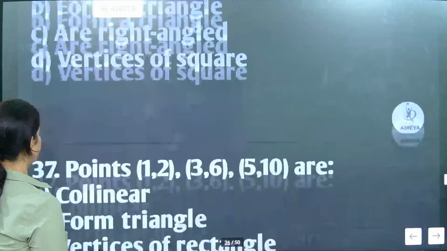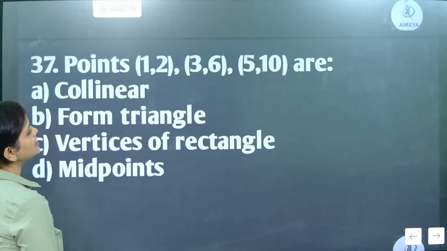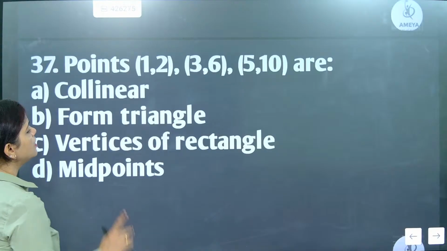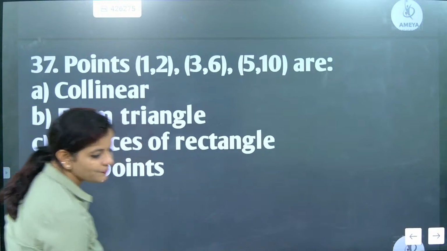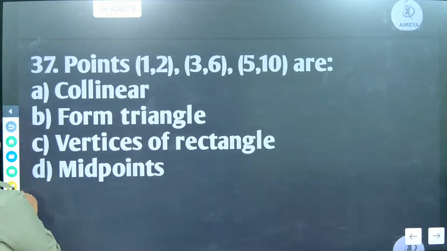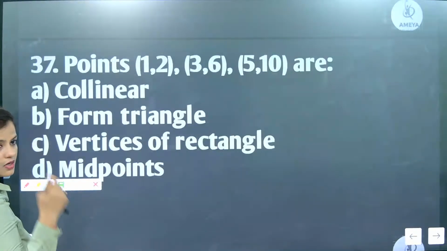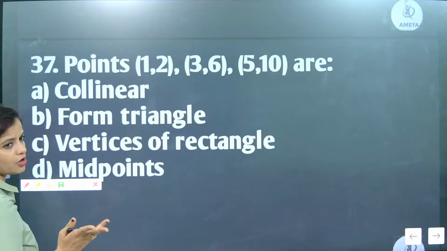Now we will go for the next question, beta. The points 1, 2, 3, 6, and 5, 10 are collinear, forming a triangle, vertices of a rectangle, or midpoints. Definitely midpoints is not the correct answer. First, without solving, we have to check. I gave you the area of triangle formula, na?